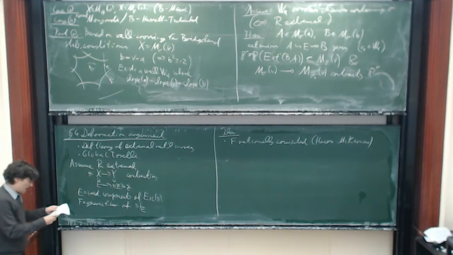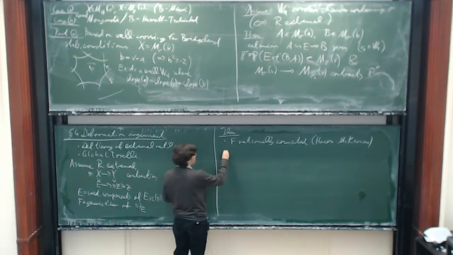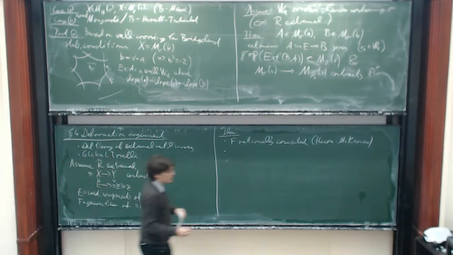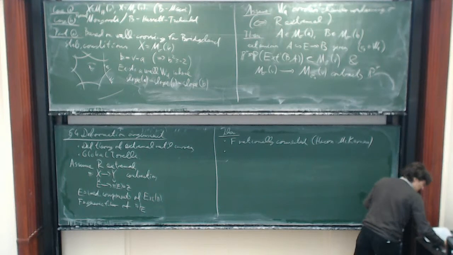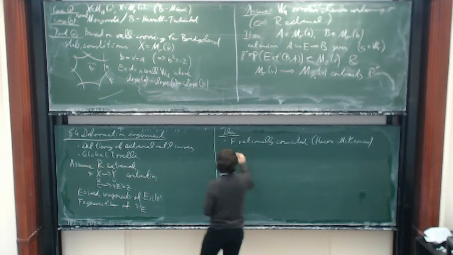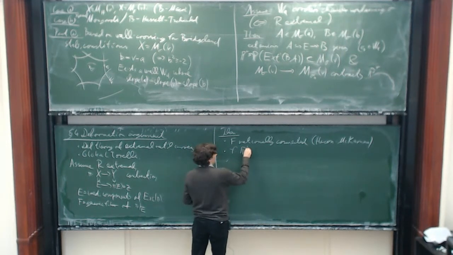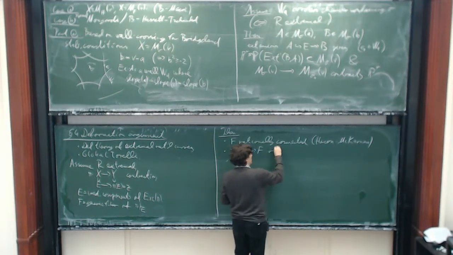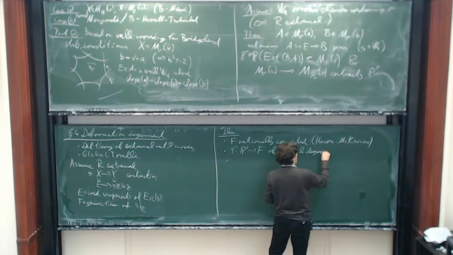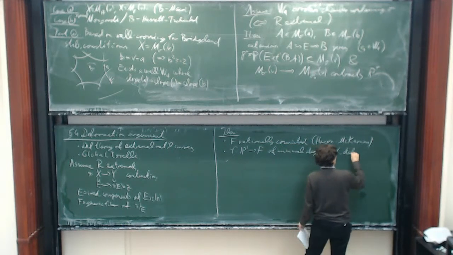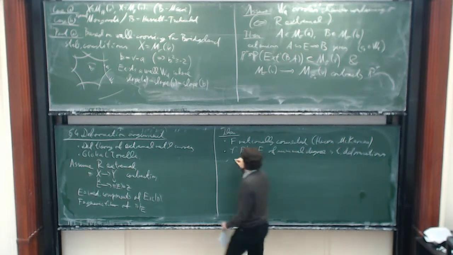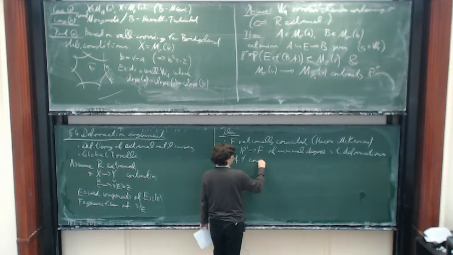And now let's pick a minimal rational curve that connects two generic points in F. So f from P1 to F of minimal degree, such that deformations of f connect two generic points of F.